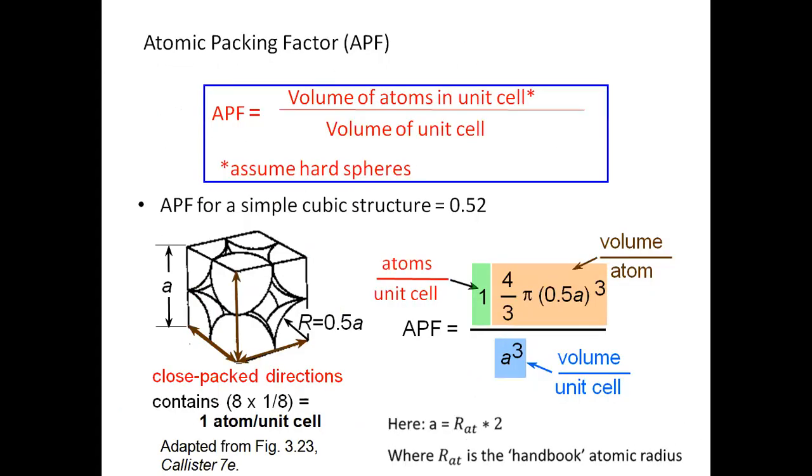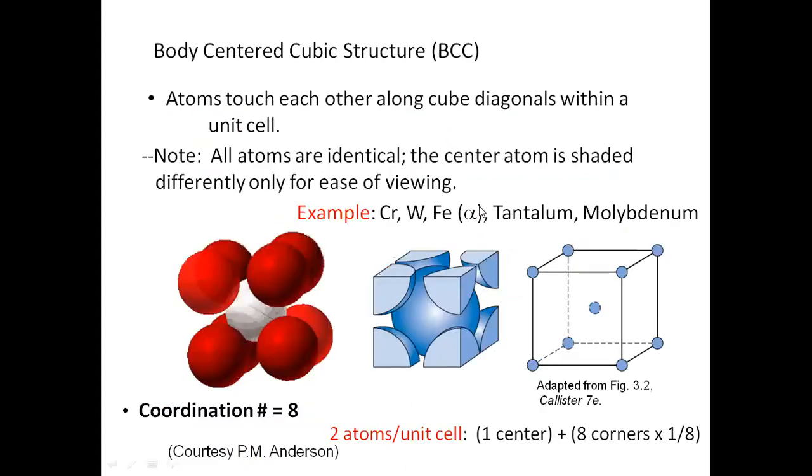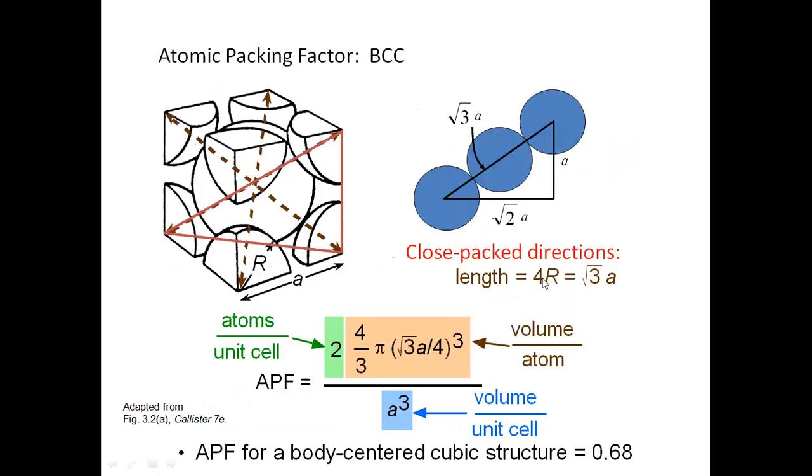So let's look at a comparison. For the simple cubic structure, the atomic packing factor is 0.52. For the body-centered cubic structure, we say that the atomic packing factor is 0.68. So we have 0.52 for the simple structure, and then we have 0.68 for the BCC.